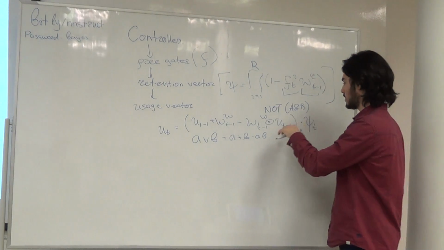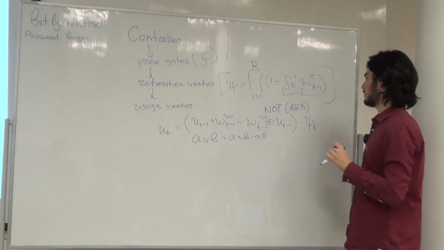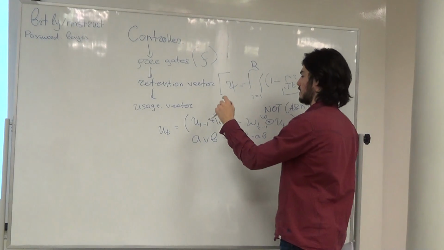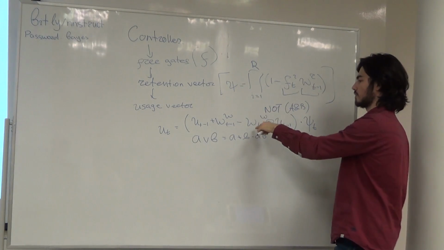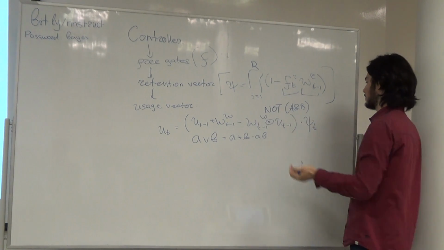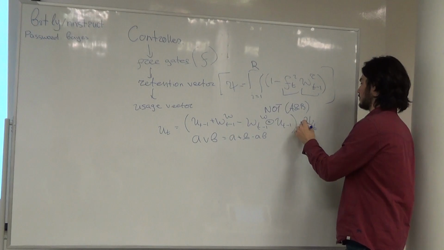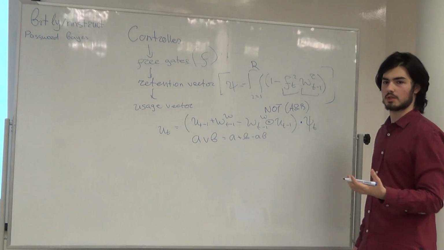Okay, so this means that the memory position is used if either it was used in the previous timestamp or you just wrote to it. And then you multiply it by retention so that if you freed the current position, then you'll be able to write again.